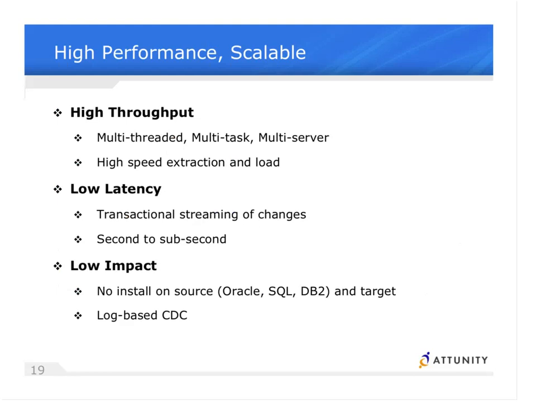So when a load finishes on a file, CDC just seamlessly takes off and starts achieving what I need to do in my organization of having that low latency information delivered to my organization and get it in that sub-second time frame. And again, low impact is across everything from my network to my servers to my people to my budget.